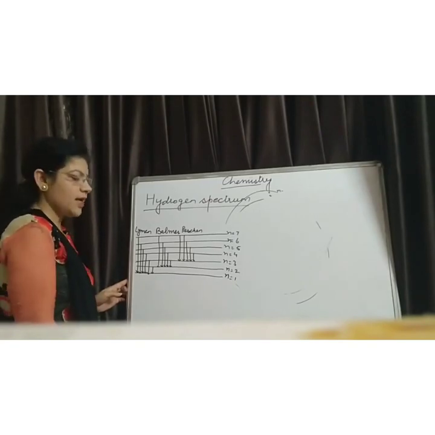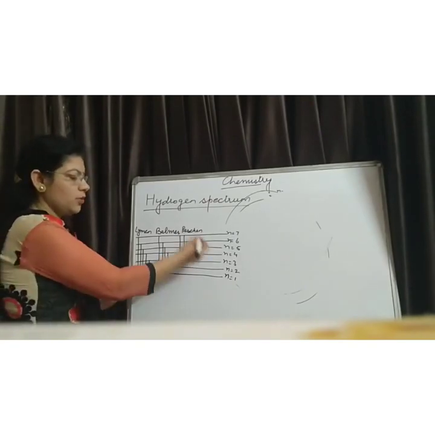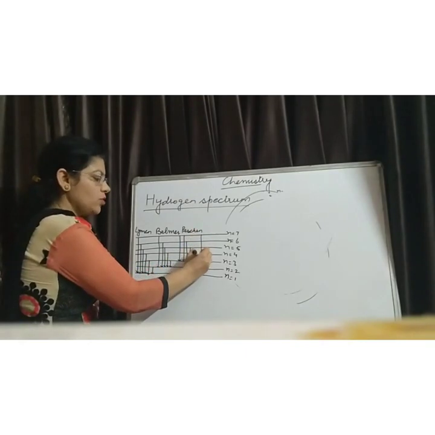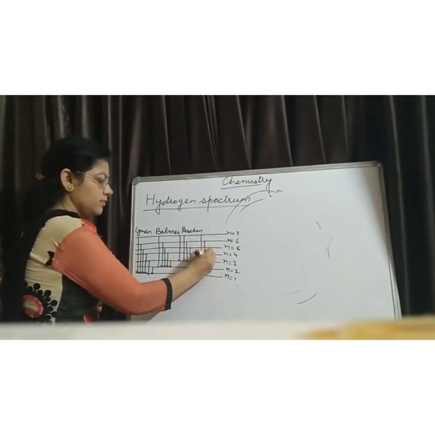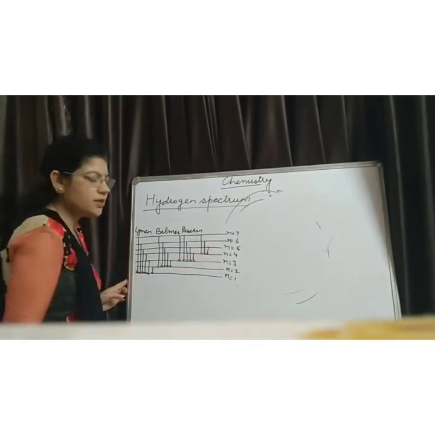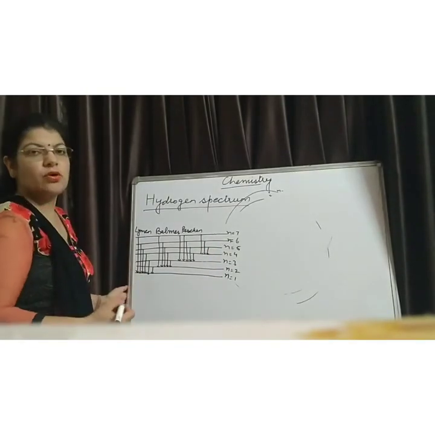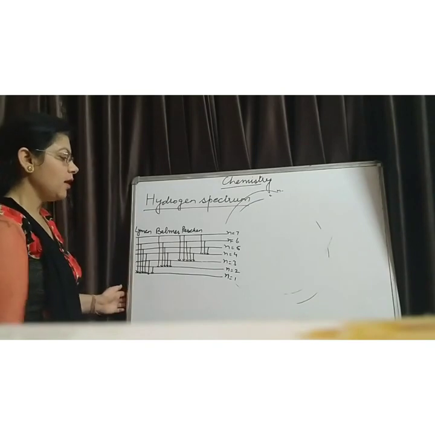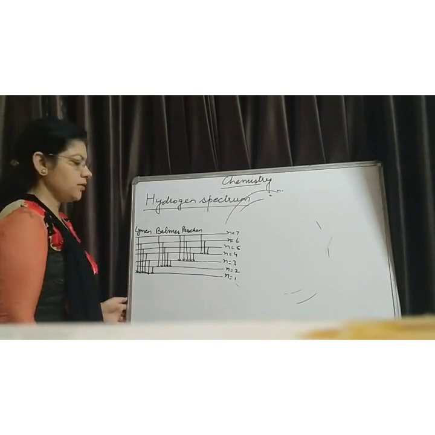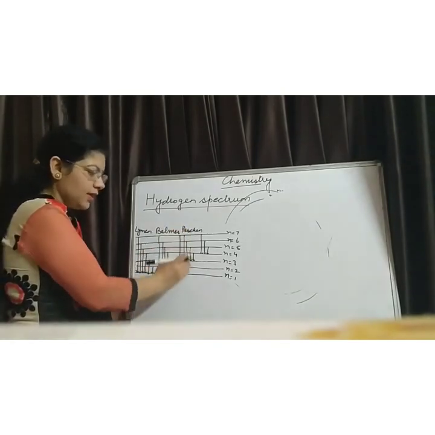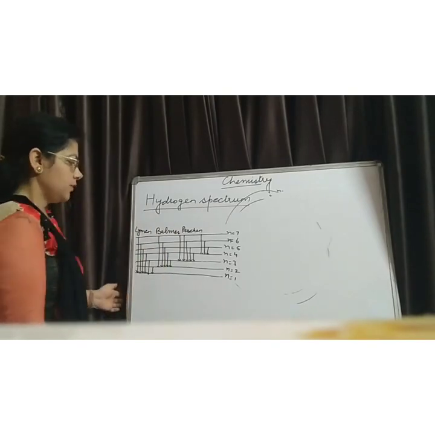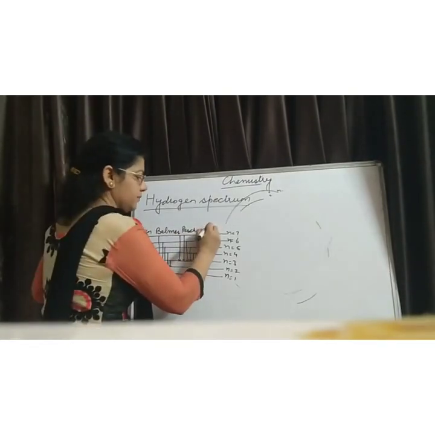Similarly, when the excited electron jumps into the fourth shell, a different series is obtained, with different lines or energies. That line is known as the Brackett series.